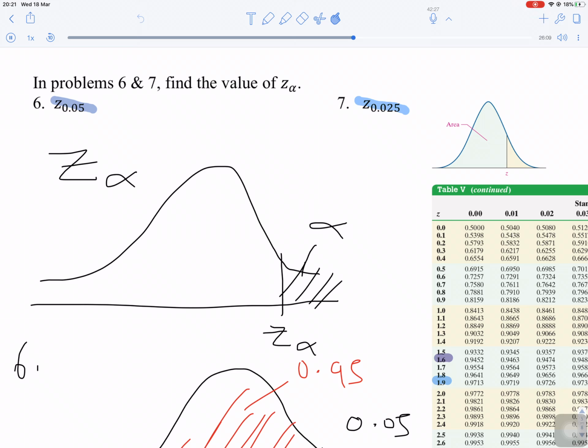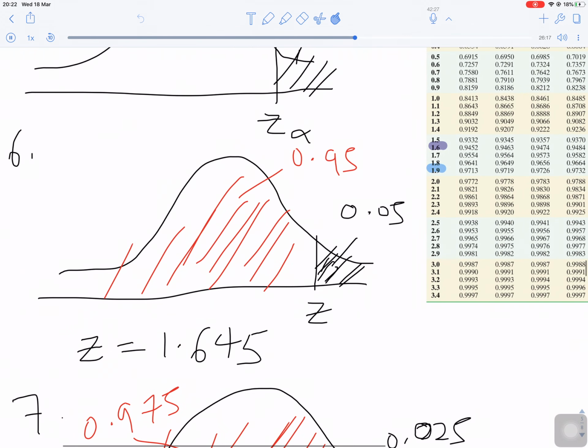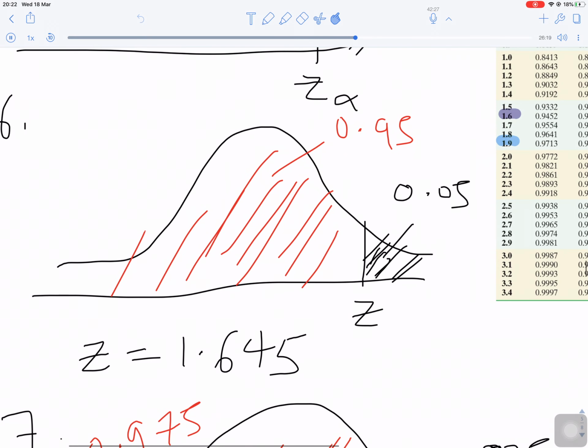So if we are looking for z sub 0.05, what that means is we want the z-score where the area to the right of that z-score is 0.05. So if we are using the standard normal table and we are given this information, remember this standard normal table, you can only use the area to the left to look for whatever z-score you want.